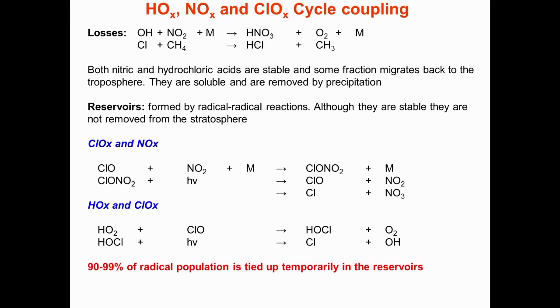But not only do they individually control the ozone concentration, but they also couple. So the HOx cycle, NOx cycle, ClOx cycle, and the Chapman cycle are all coupled. So we've got production terms, we've got loss terms, and we've got recycling terms, so propagation.